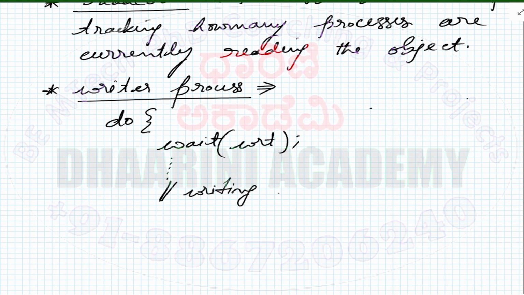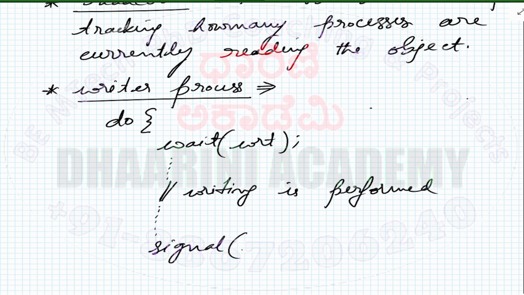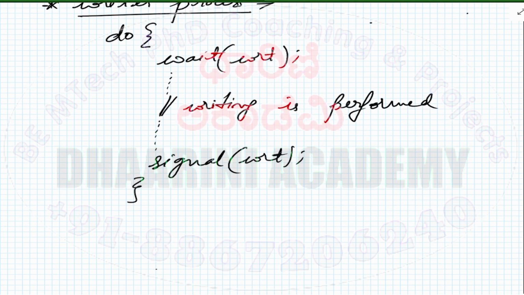The writing is performed here, because we are saying that we are doing a write, nobody else can access. Now you can go for the writing. WRT can be increased now, because it was reduced earlier, by providing signal of WRT.